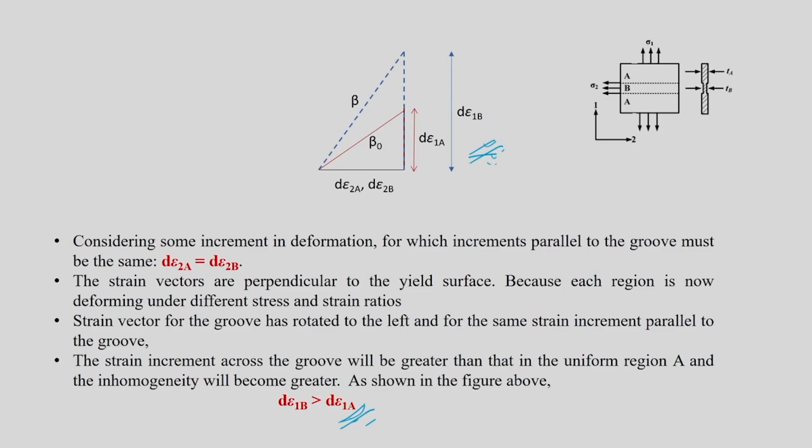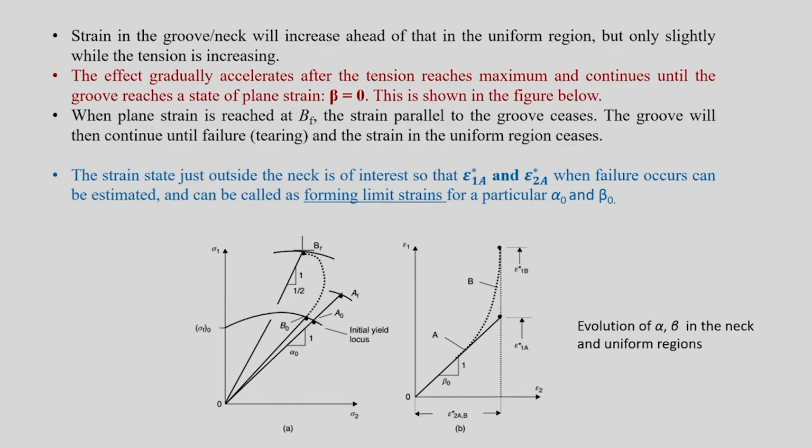Once maximum tension is reached, around that particular situation you will see that in the B region the beta is going to switch or tend towards a plane strain type of deformation, which means the strain along the neck region, parallel to the groove, ceases. Which means you are going to put more strain in the other two directions.